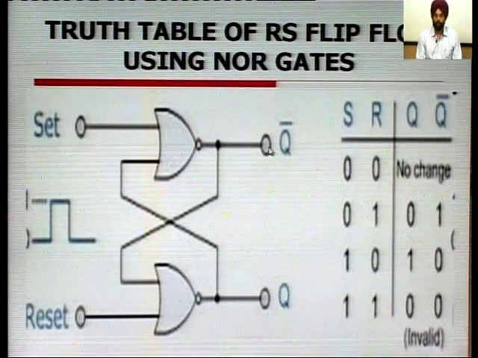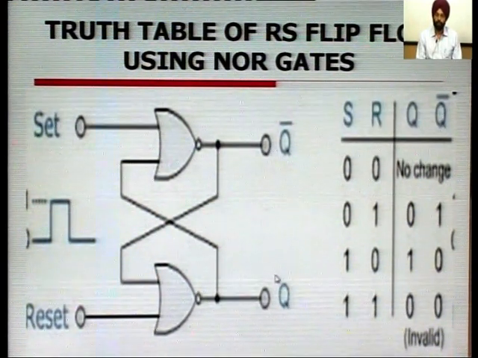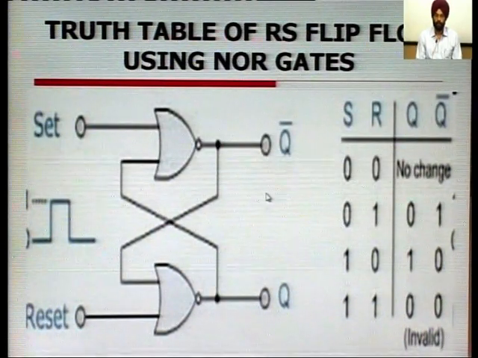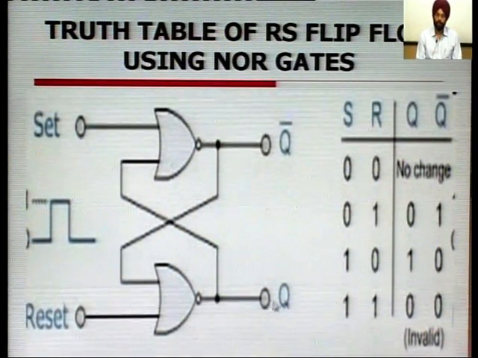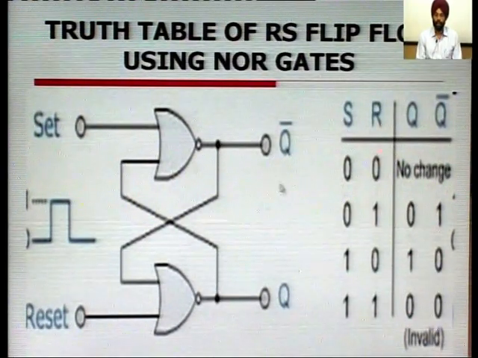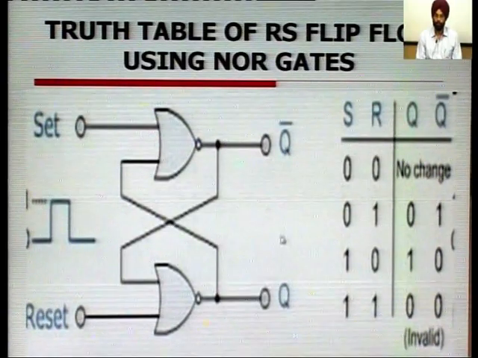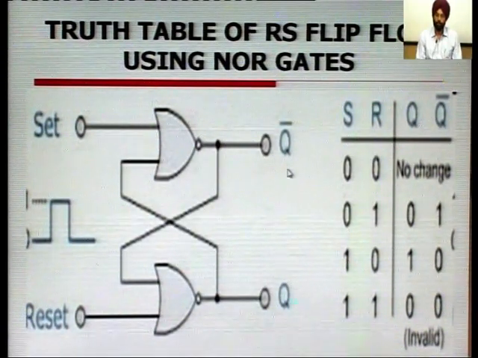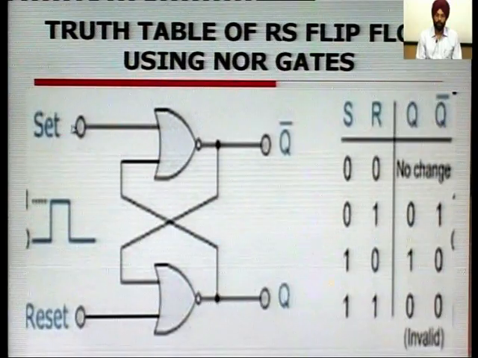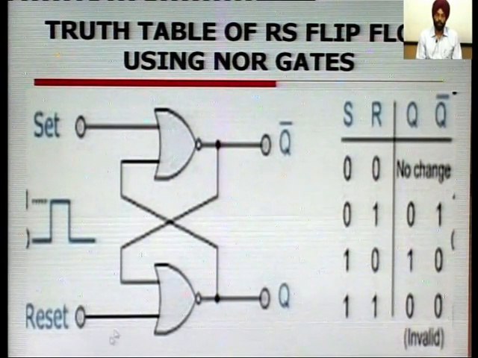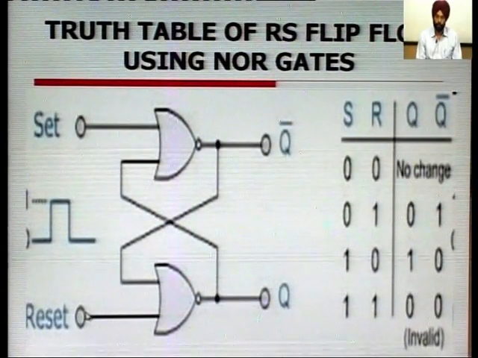So, I will assume previously this flip flop is in the set condition, that is, its Q output is 1 and Q bar output is 0, because these two outputs are complements of each other, and apply a 0 logic at the set input and a 0 logic at the reset input.